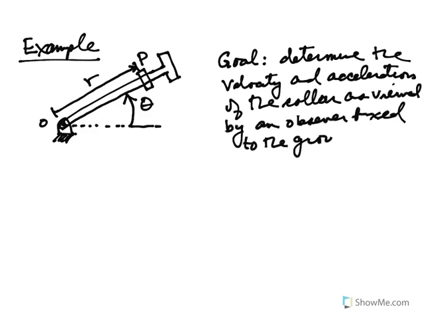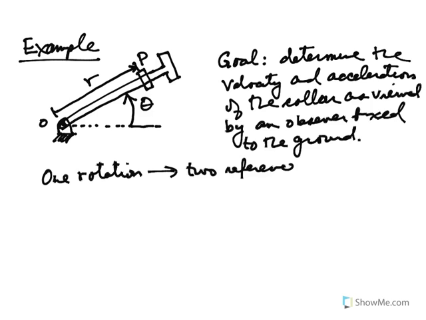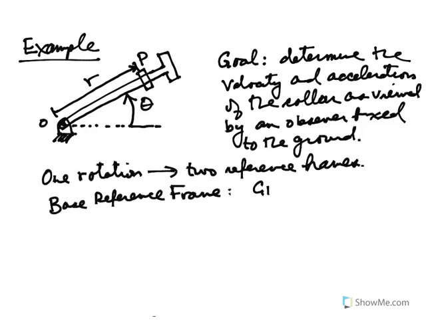Now, the way in which these problems are set up and then solved is as follows: we have one rotation in this problem, so that implies that we need two reference frames. The first frame, which is what's going to be called the base reference frame, is going to be the ground. Now, the base reference frame is the frame in which we ultimately want the rates of change.